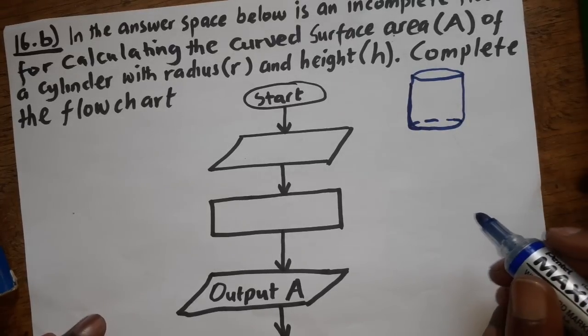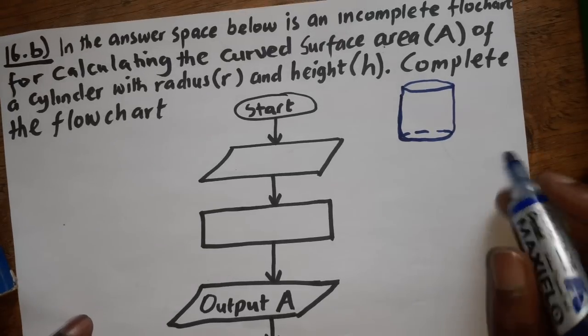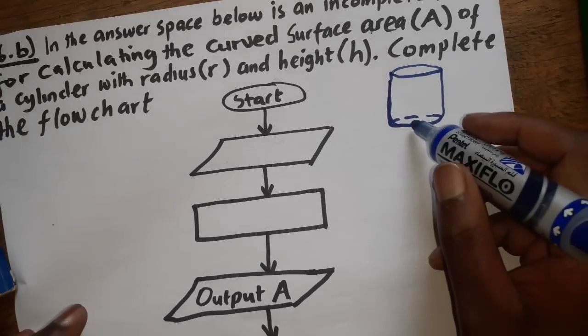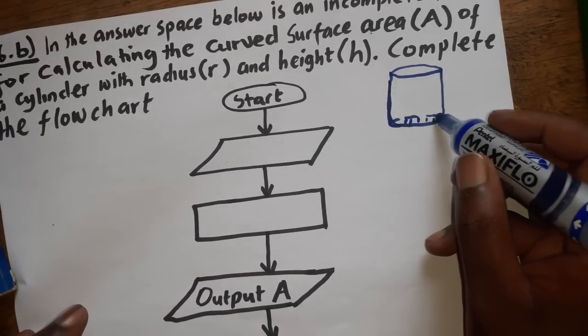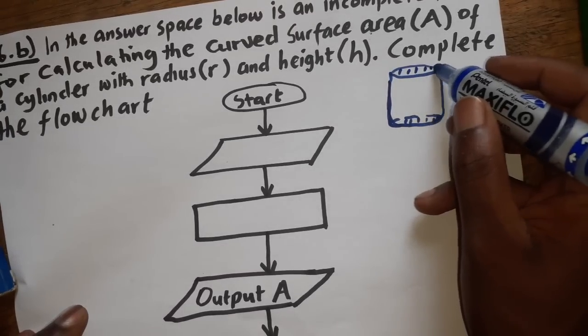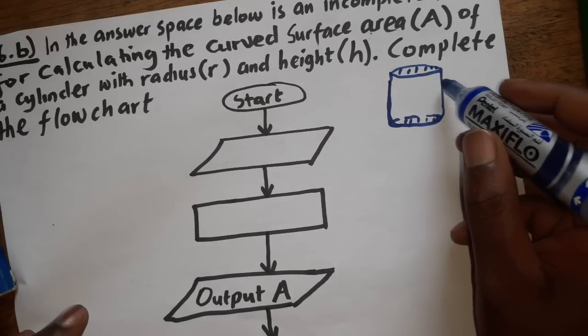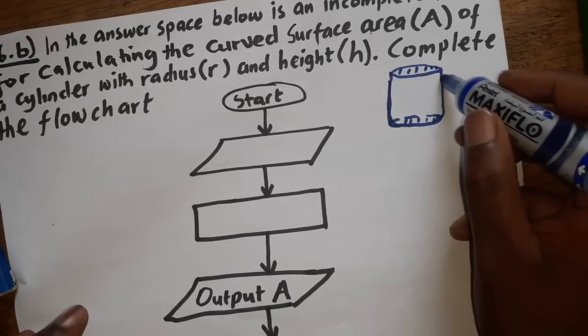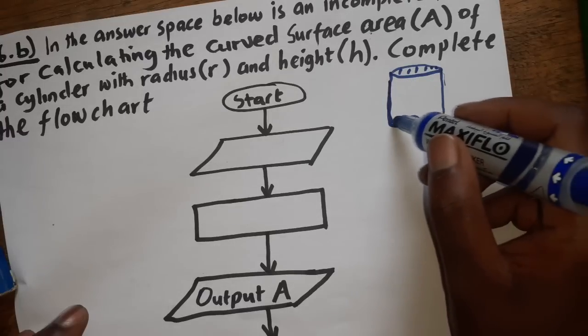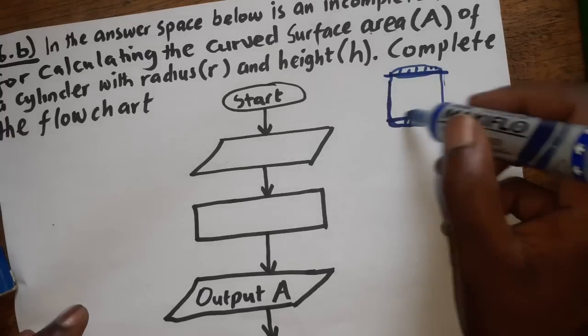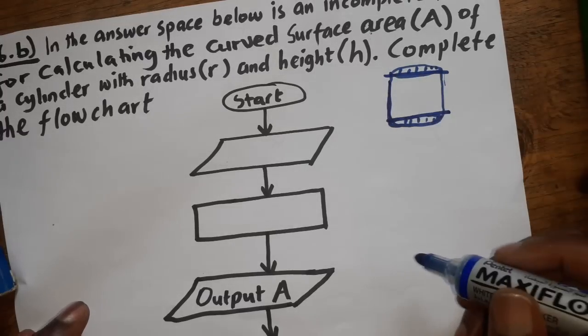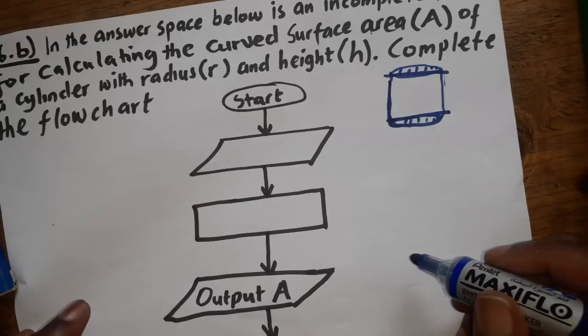Something like this, okay? So what we mean by the curved surface area, we do not want the bottom part, even this top part should not be there. We want the middle, the curved surface area. That's the curved surface area, isn't it?